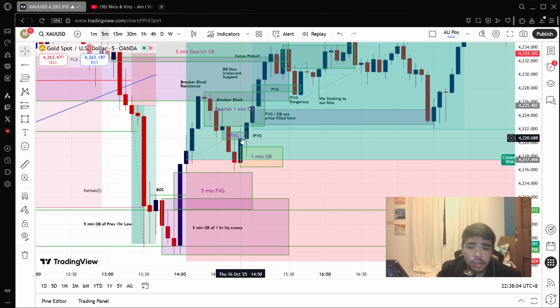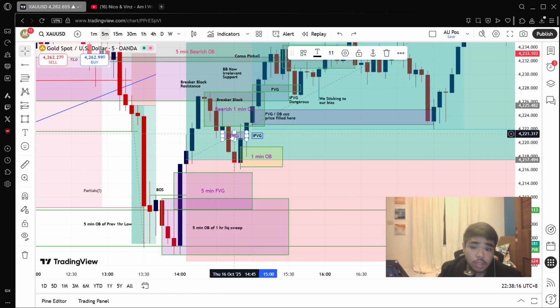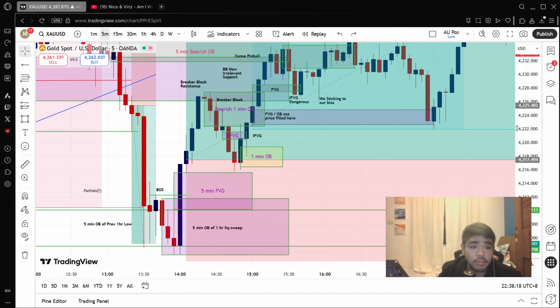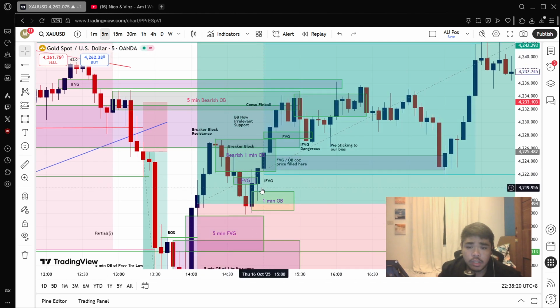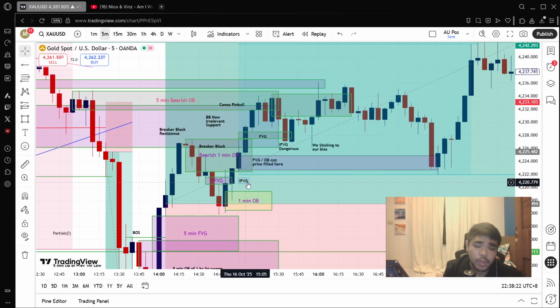This fair value gap initially, then price started here, also rejected downwards, as you can see, because of this fair value gap, but ultimately did close upwards. So this is now an IFVG. So this acts as a support right now for our bullish bias.